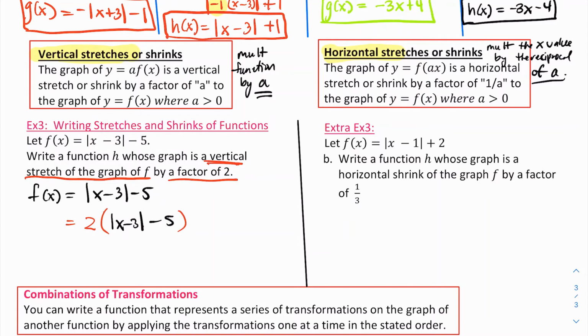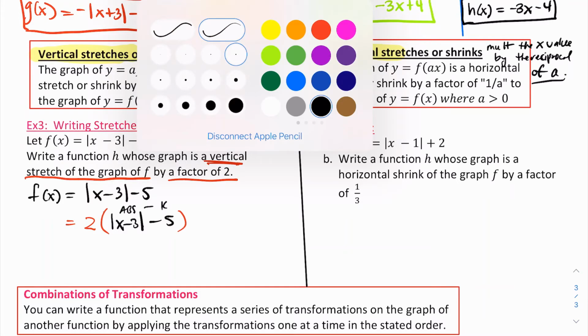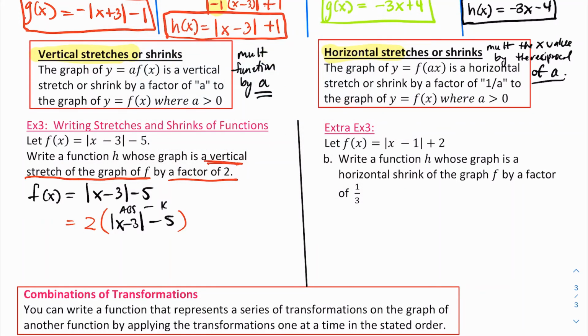So again, you're multiplying the absolute value and you're multiplying the k value in this case. So we're multiplying both of those by 2. You don't distribute inside the absolute value. So this gives us 2 times the absolute value minus 2 times the k value. And that will be your h of x function.